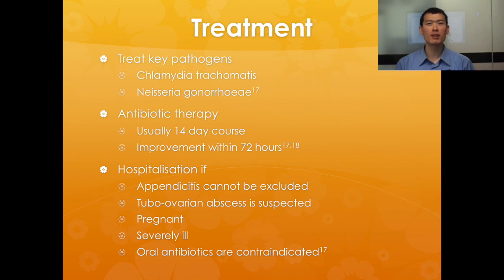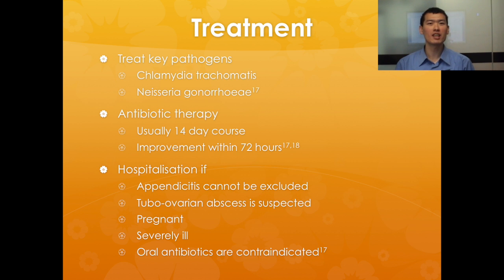Due to the polymicrobial nature of pelvic inflammatory disease, its treatment must specifically address the key pathogens, most commonly gonorrhea and chlamydia. An antibacterial therapy course, usually lasting 14 days, is started soon after clinical diagnosis.